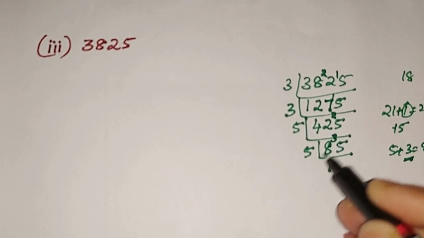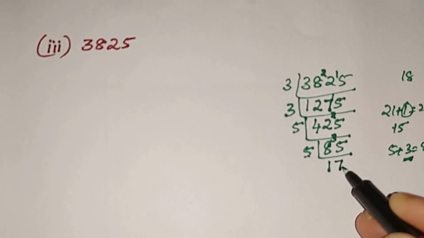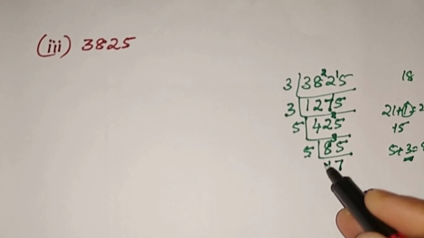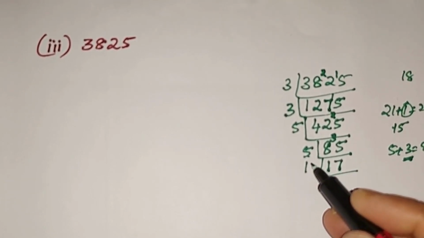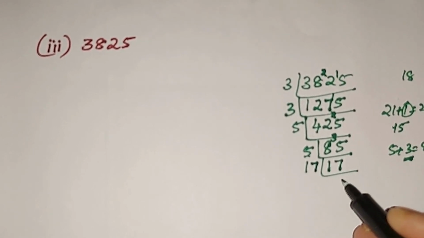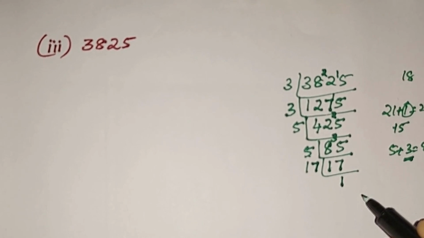So 35. 5 goes into 35 seven times, 7 5s are 35. Now 17, because 17 is a prime number. 17 is divisible by itself. 17 goes into 17 one time. So till you get this 1, you can continue this factorization.